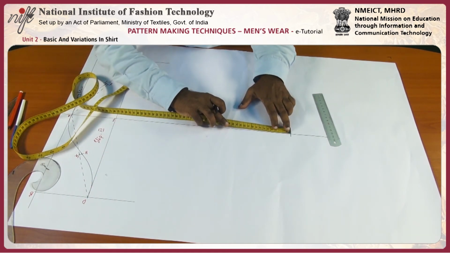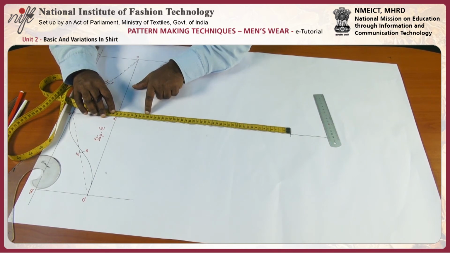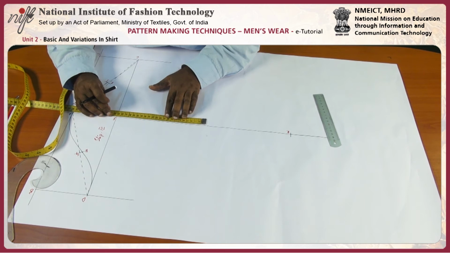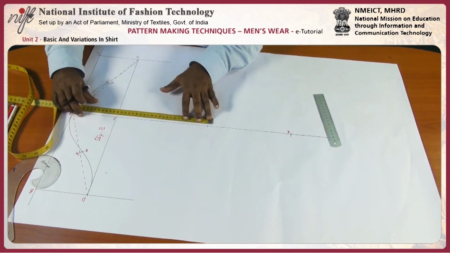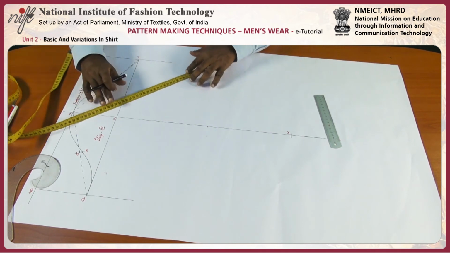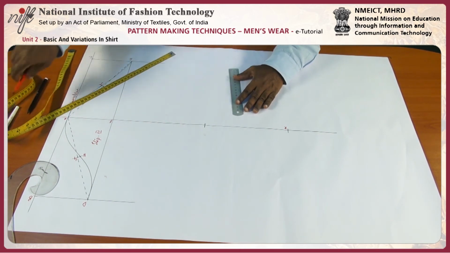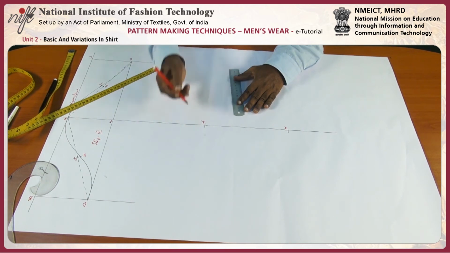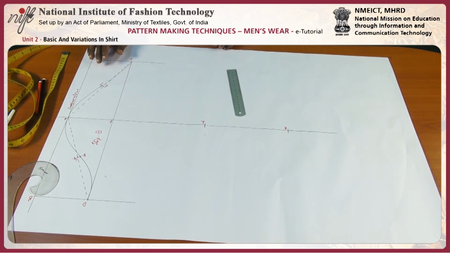FK is 44, and half will be 22.25, plus 1, is 23.25. This is point L. Draw perpendicular lines from the points L and K on both the sides of L and K as shown in the diagram.